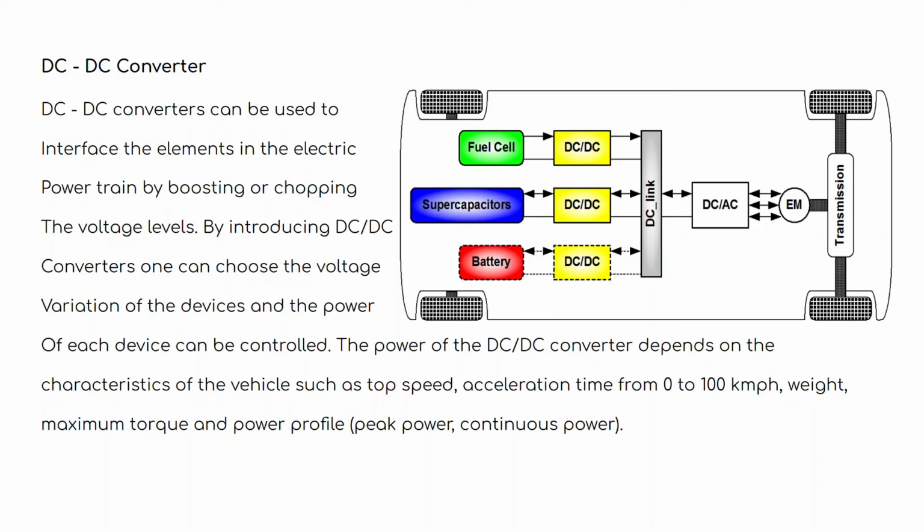By introducing DC-DC converters, one can choose the voltage variation of the devices and the power of each device can be controlled. The power of the DC-DC converter depends on the characteristics of the vehicle such as top speed, acceleration time from 0 to 100 km per hour, weight, maximum torque and power profile.